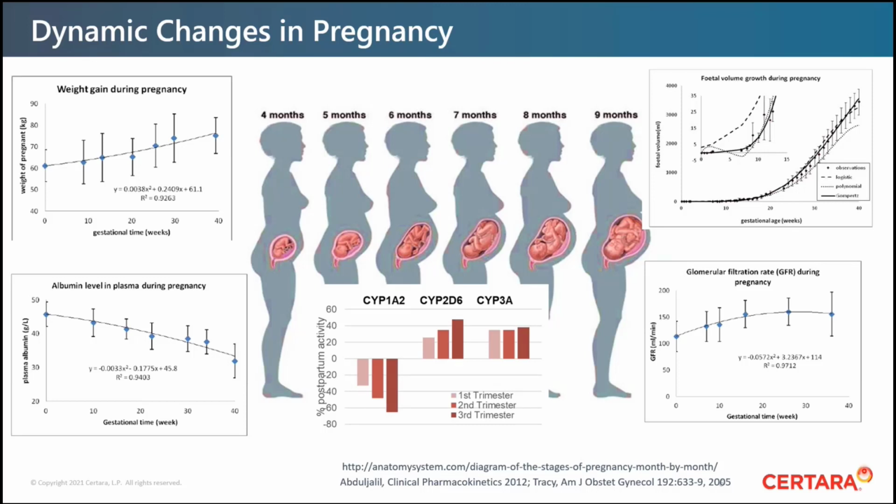In some cases, drug metabolizing and transporter activity will decrease, such as with CYP1A2. In other cases, for instance, with CYP2D6 and CYP3A, you see an increase in activity. And all of these changes need to be taken into account to adequately treat the mother and protect the unborn child from adverse events from the medication.